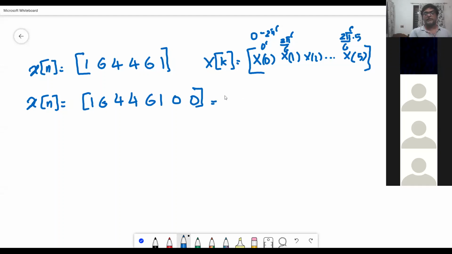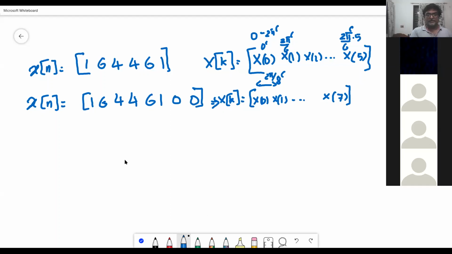And now the new x of k would be having, what are the samples? X of 0, x of 1, etc. up to x of 7. Now the spacing between the samples would be 2 pi by 8 radians.